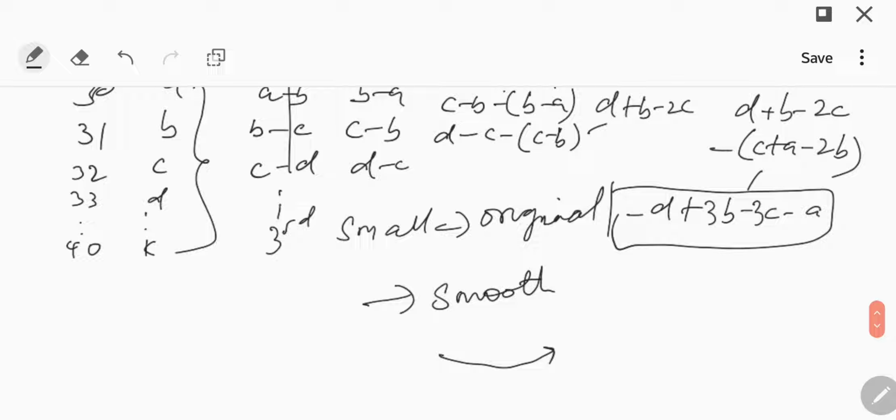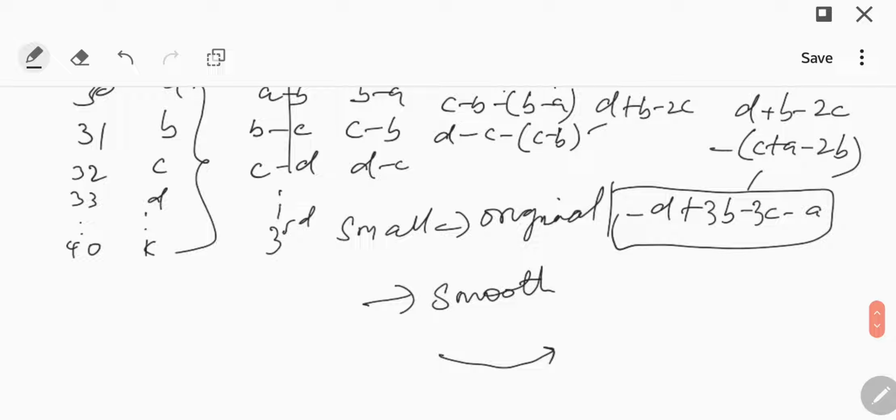When these two things are happening, we can very well say that these graduated rates are smoother.